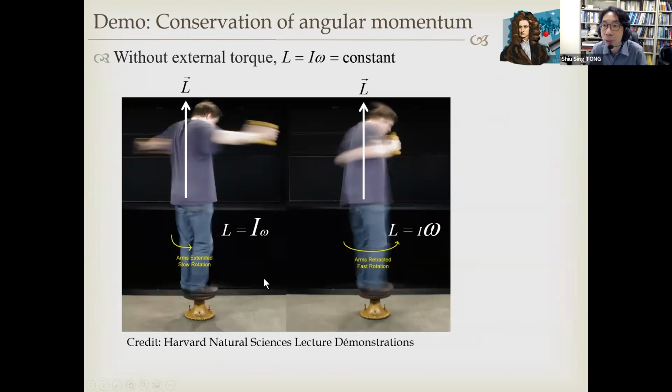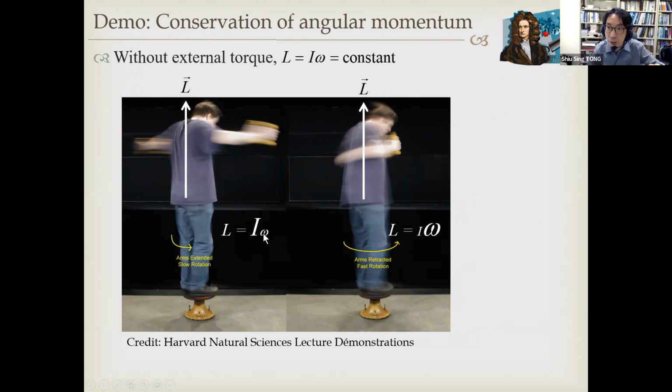Now, this is a demonstration we normally play in a school classroom. You stand on a rotating platform, and originally you have 2 masses in your hands. You extend your hands, so you have a large moment of inertia.